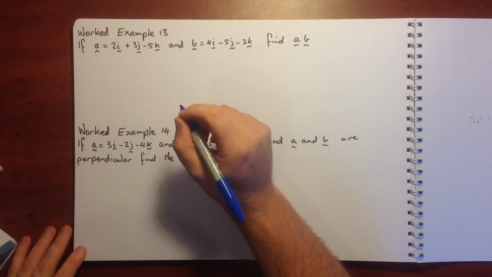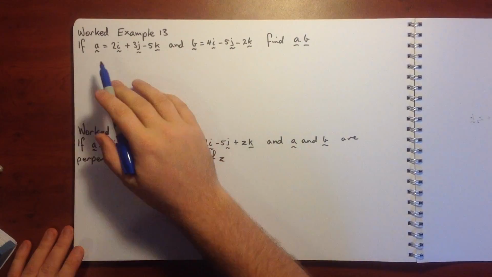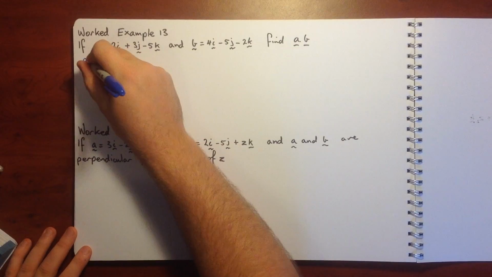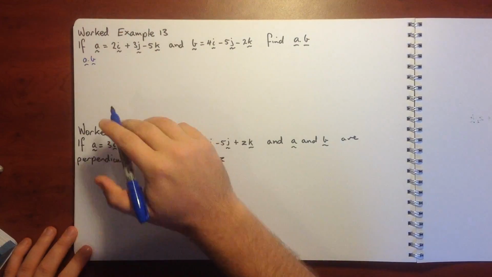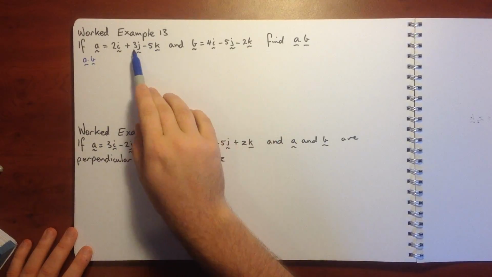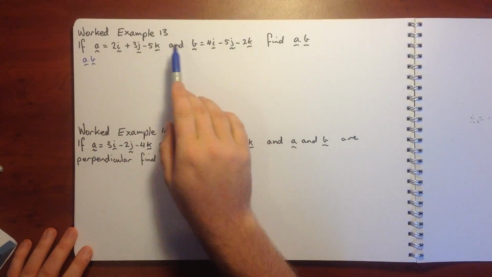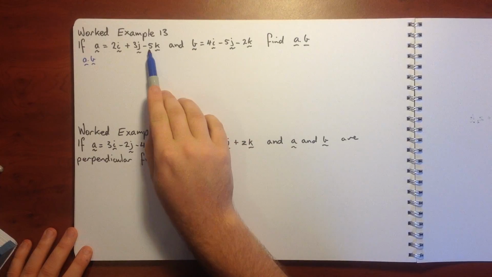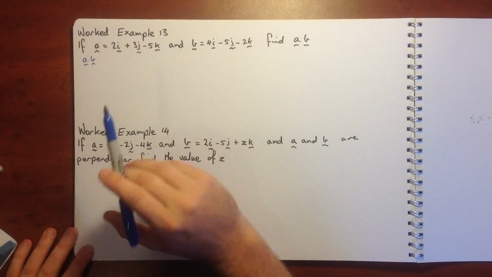Well, for this, remember we were just saying a minute ago that when we're in our component form, then a dot b is simply x1 times x2 plus y1 times y2 plus z1 times z2.